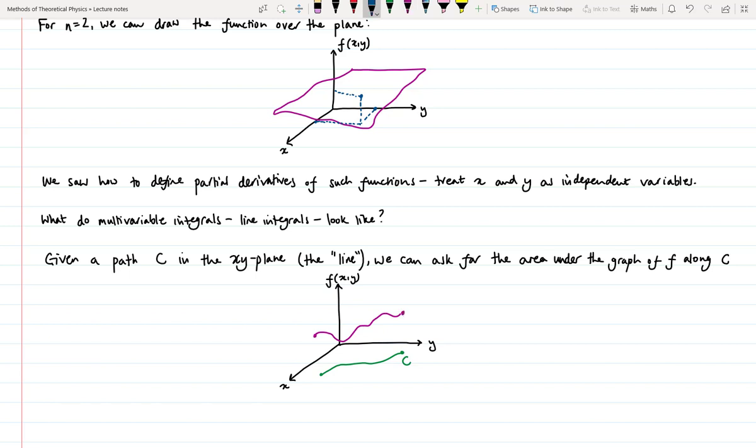And we're going to want to calculate the area of this sheet that I'm going to consider for now is sliced up into lots of columns sticking out of the xy plane.